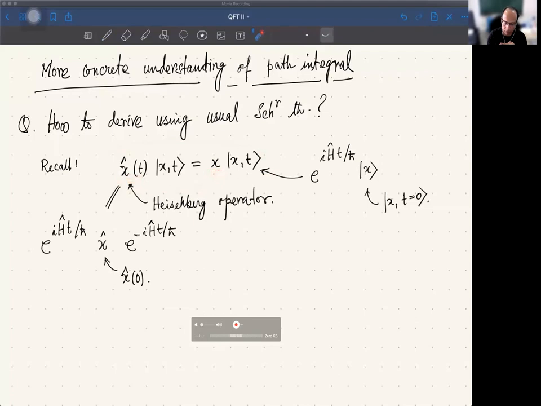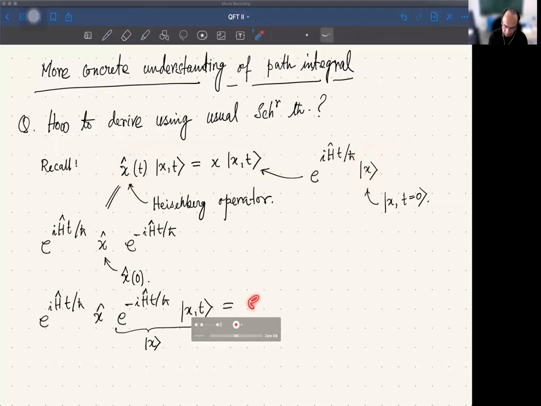Now if you go to t equal to 0 and take the corresponding Heisenberg operator and the corresponding state, then that operator has the same eigenvalue x, which you can easily check. e to the power i H t over h bar, x hat, e to the minus i H t over h bar acting on x comma t is nothing but the x we defined here.